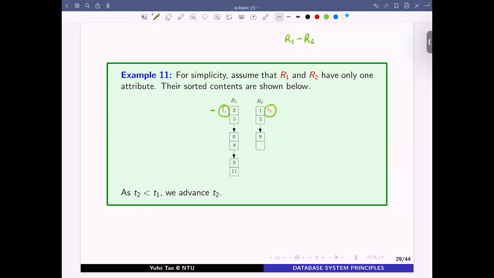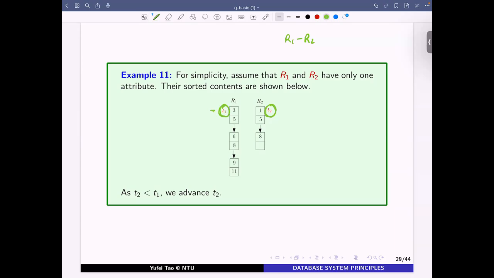Let me say this once again: at all times, T1 is always the smallest element in the unscanned portion of R1. Same for R2. So this is an invariant we're going to hold on to. In the beginning, we have T1 and T2 placed in the first positions of the two relations. So this is the situation.